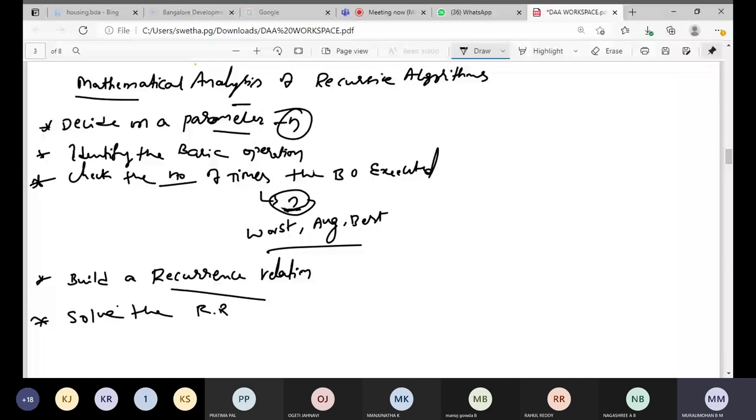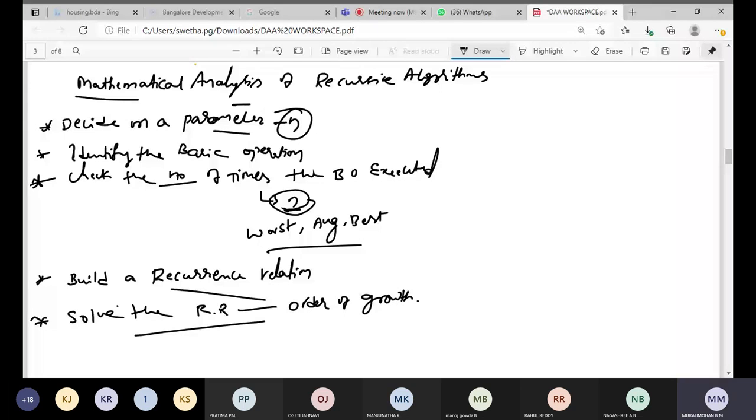If we cannot solve this recurrence relation completely, then at least we'll try to find the order of growth. Is there any confusion with this general plan? This is the general plan for analyzing the time efficiency of recursive algorithms.